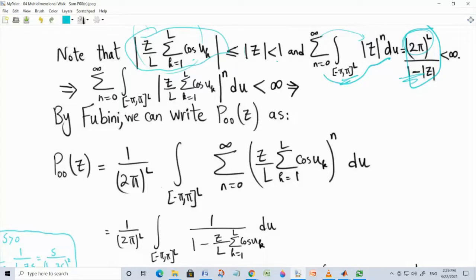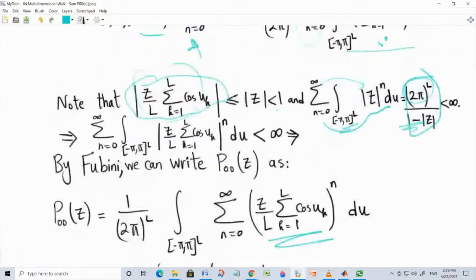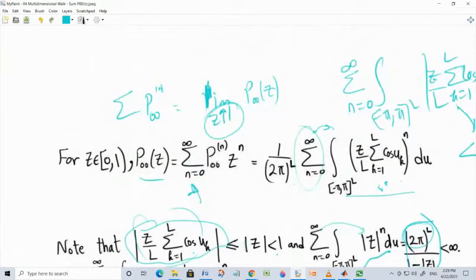So by Fubini, before taking the limits, it seems a nice idea actually if we can move the summation inside. The reason is that we have a geometric series, so you have something raised to the power n. It is very tempting that you want to do the sum first, and we are lucky enough that this actually is justified.